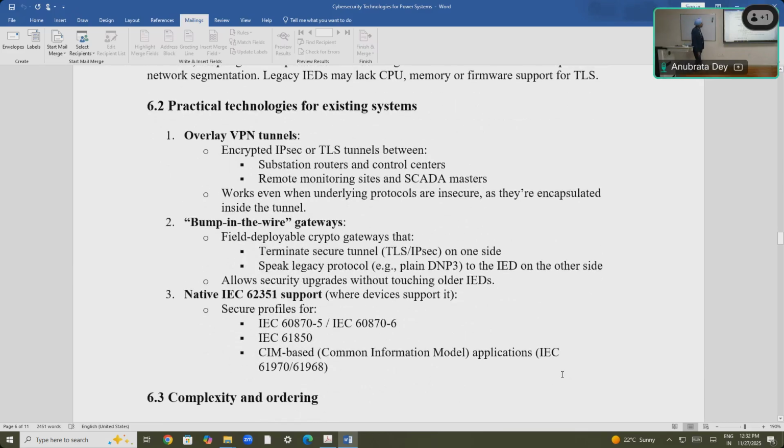What are the practical technologies for existing systems? Okay, VPN tunnels, it could be IPsec or TLS tunnel. Okay, we already talked about where they should exist, at the conduits level, right? And then we have field deployable crypto gateways, right?